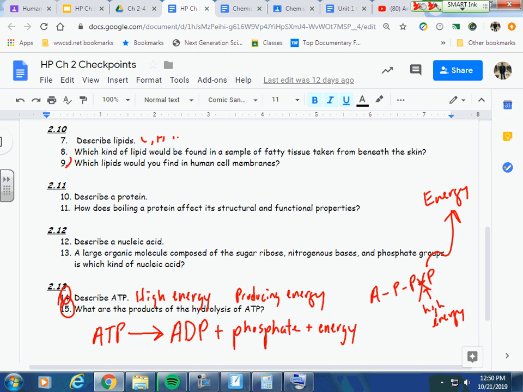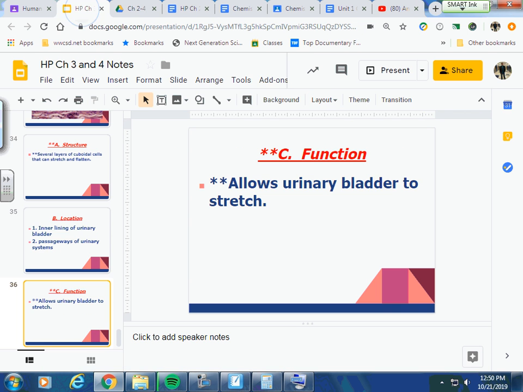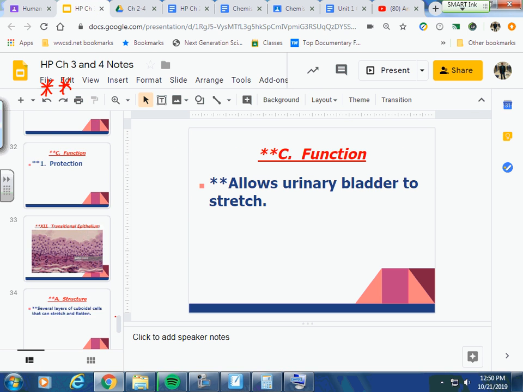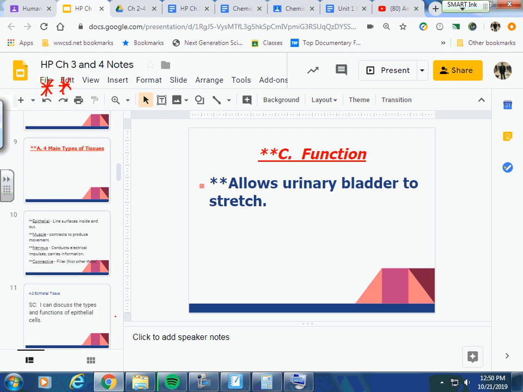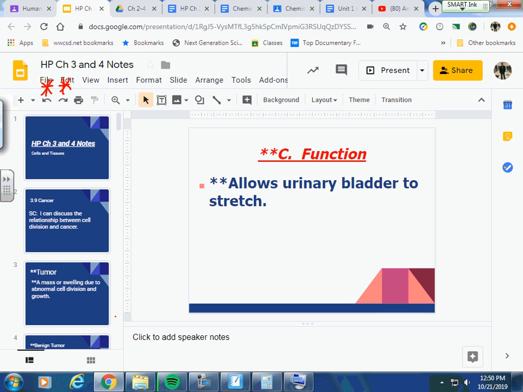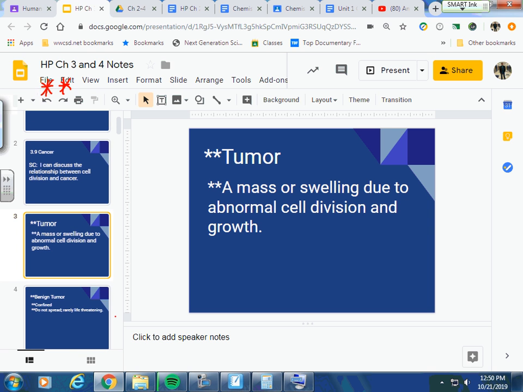Now I am going to include a couple questions about 3.9 and cancer. So for that, I'll go over to the notes. And so when we talked about cancer, you should know what a tumor is. So know that.